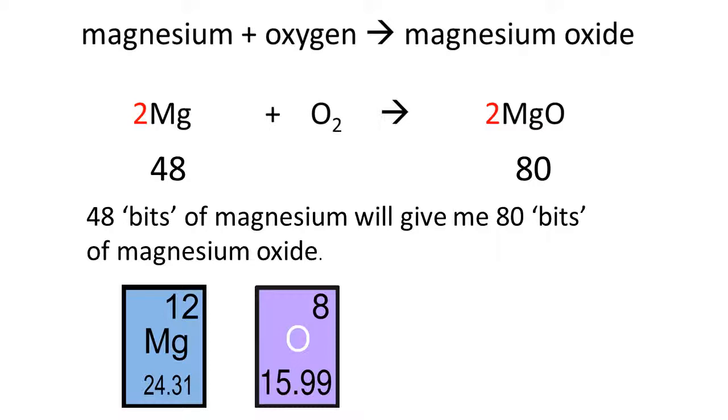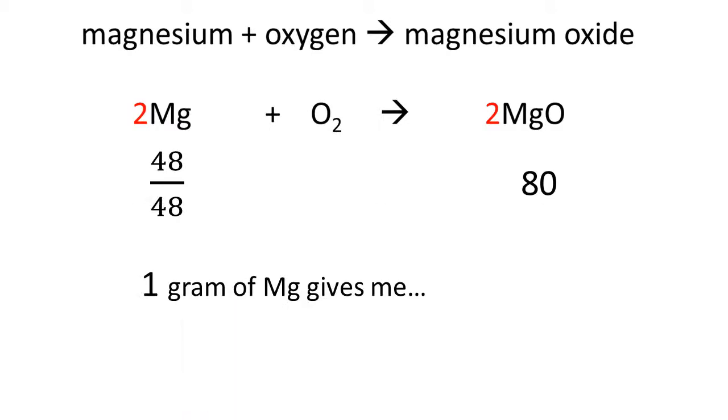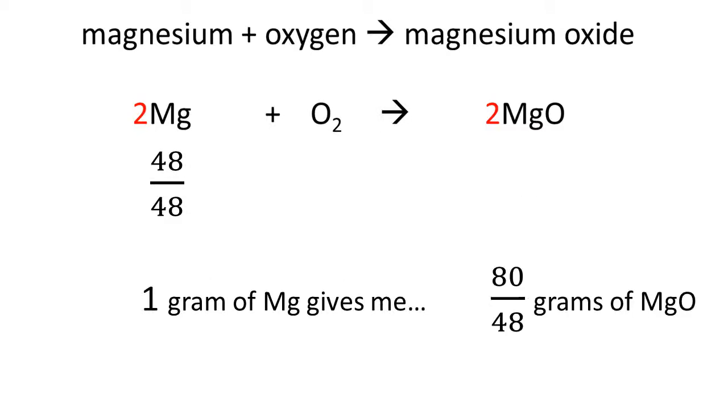Now, let's ask the question, what would 1 gram of magnesium give me? So the way I do that is I divide it by itself, and that will give me 1 gram. So what you do to one side, you must do to the other, just like in maths. I've divided the magnesium by 48, so you have to divide the magnesium oxide by 48 as well.